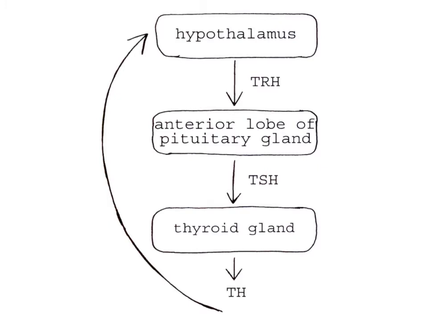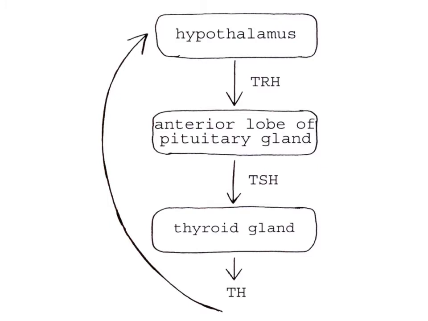Now the hypothalamus is able to detect the concentrations of the thyroid hormone in the blood that is passing through the hypothalamus. And if the levels of thyroid hormone in the blood are reduced, that is, if there is a tendency in the direction of hypothyroidism, then this will be detected by the hypothalamus. And if this happens, the hypothalamus will respond by releasing TRH, thyrotrophin releasing hormone.